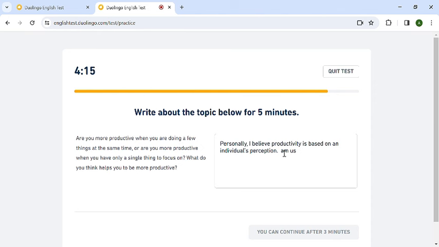I am usually more productive when I have a lot of things to do, because then I know I have to maximize time and I cannot afford slacking for too long.